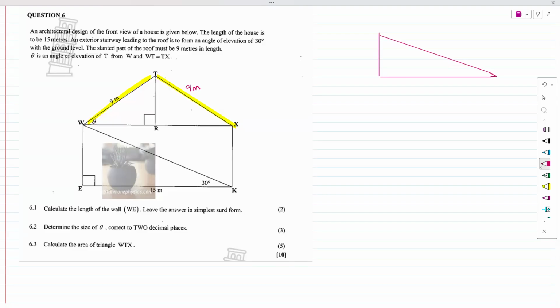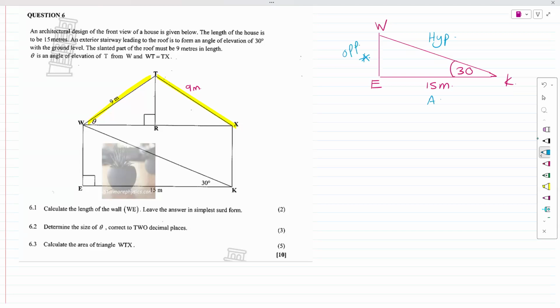So, Mia, we got angle 30, we got W, we got E, and we got K. Okay. This is 15 meters, right? They want this one here. Let's label the triangle, Mia. WK is the hypotenuse. I'm fine with that. WE is opposite and EK is adjacent.